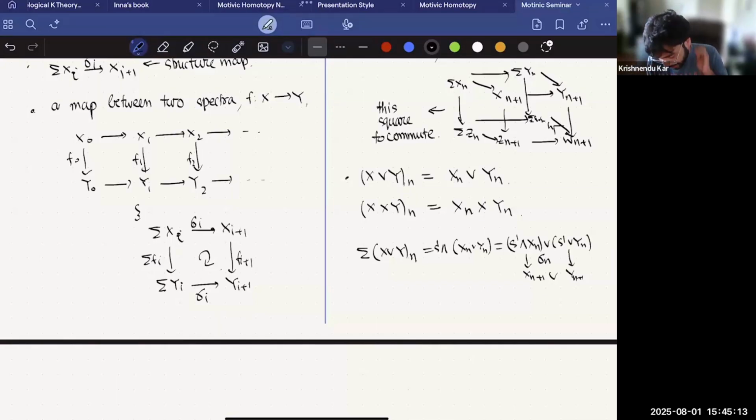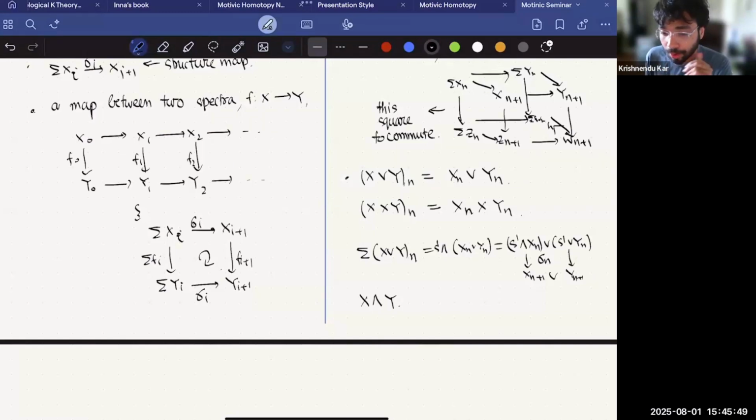There is only one thing that I'm not going to define, and that is your smash product, X smash Y. Now, why am I not going to define it? Because to define this, we need to involve some choices. And these choices do not matter when you talk about its homotopy category. These choices will all be equivalent. But when we talk about an actual smash product on actual spectra, these choices will matter, and these are called handicrafted smash products.